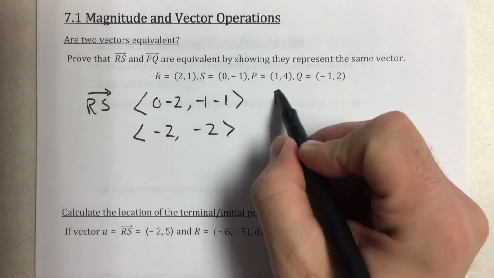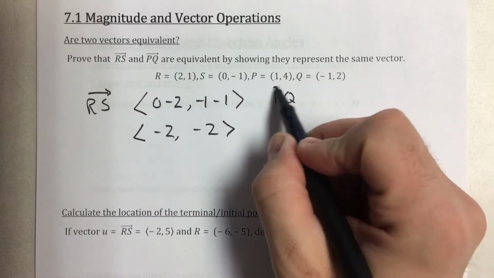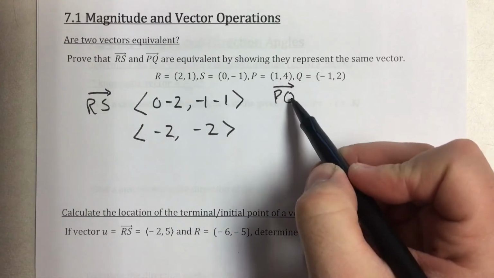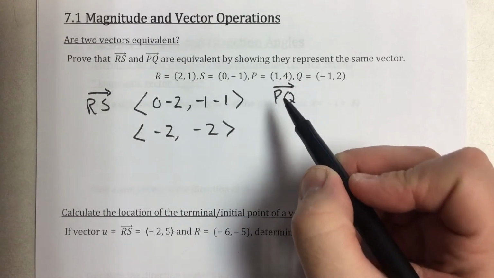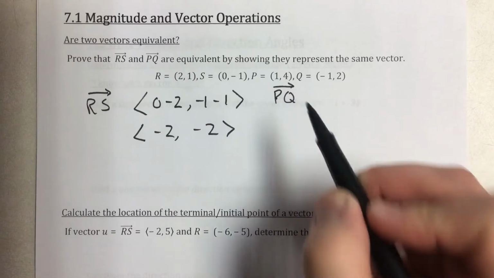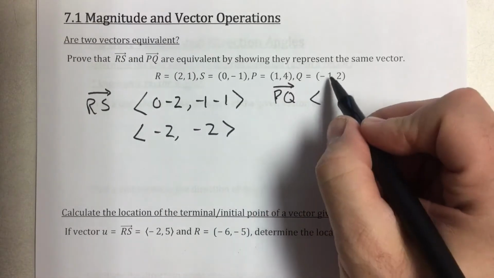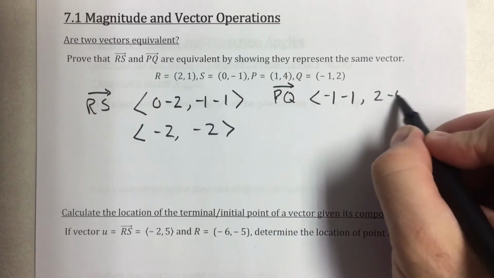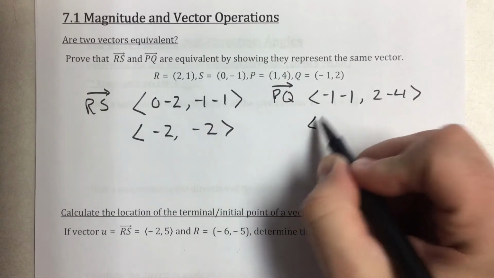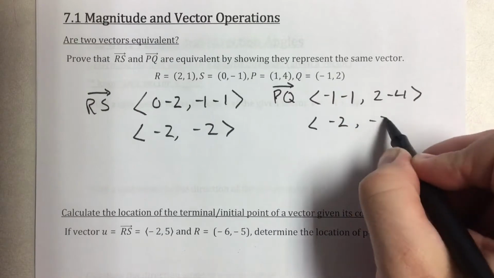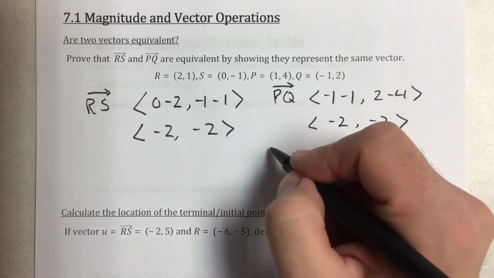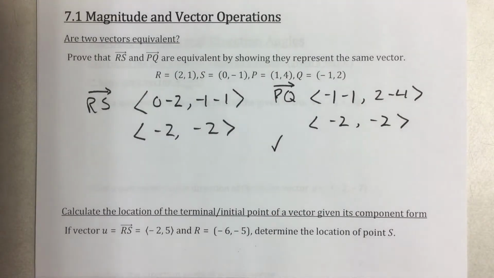And then for PQ, it is very important that we understand that our x2 and y2 are the Q, wherever we're ending. So we have negative 1 minus 1, and then 2 minus 4. So we get negative 2, negative 2. We see that the two component forms are the same, so that is enough to prove that they are equivalent.